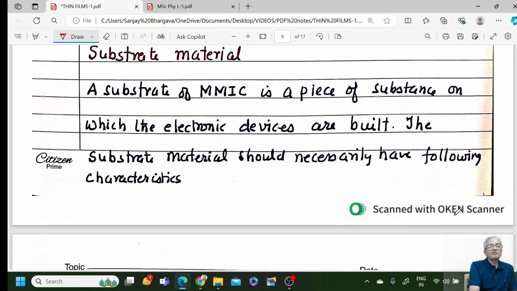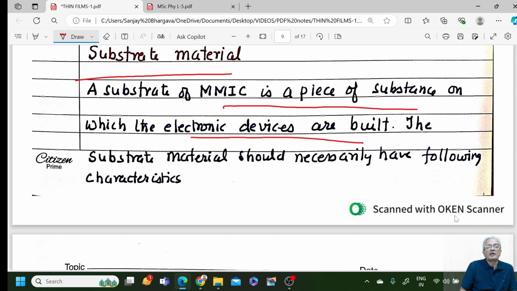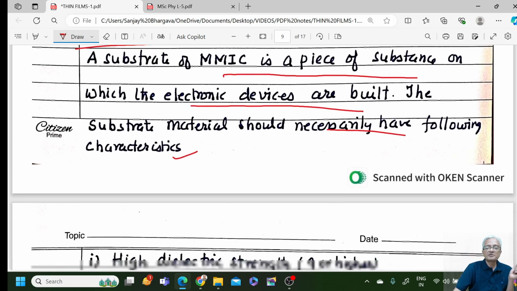Now for the first time we pick up something called substrate material. A substrate of MMIC is a piece of substance on which electronic devices are built. The substrate material should necessarily have the following characteristics. What are the characteristics required for the substrate material?